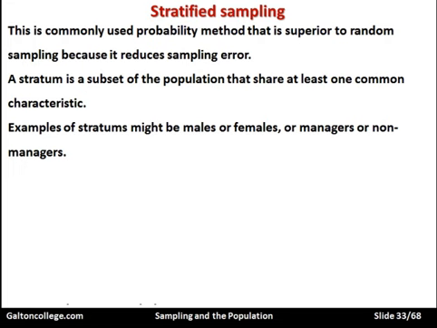Whereas if it was done randomly, all the employees, all the managers' names may be taken into account and a sample of 10% drawn. But it is possible that 10% are all shop floor workers. So the results of that exercise will be biased towards the opinions of the people on the shop floor.